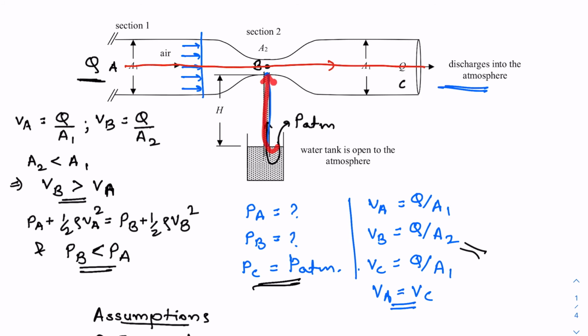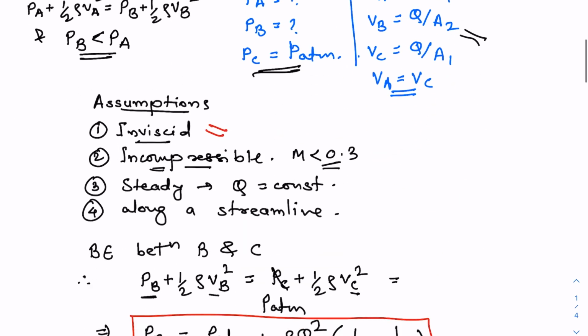So we now want to find out what the flow rate should be such that the water climbs up all the way to this height h. To do that, we will use simple principles of hydrostatic pressure that you use to find out pressures at different heights in a manometer.